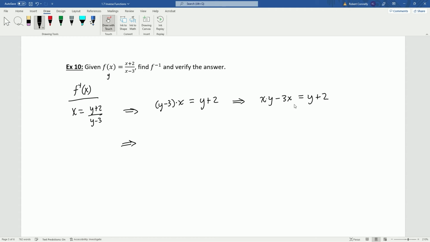Now I'm going to move my y to the left side here and the 3x to this side, so I get xy minus y equals 3x plus 2. And I'm going to factor a y out on the left side of the equation. And now I'm just going to divide by x minus 1. And I get 3x plus 2 over x minus 1.